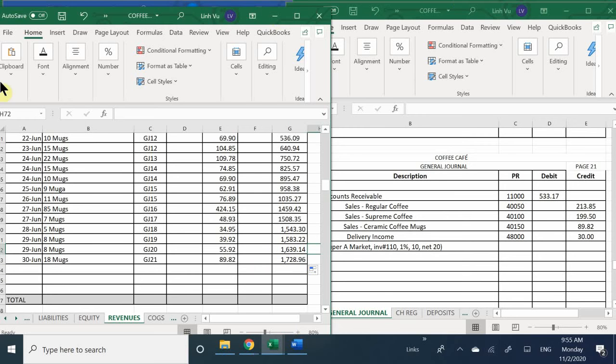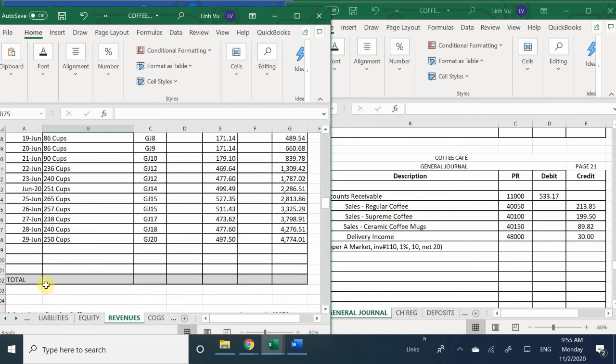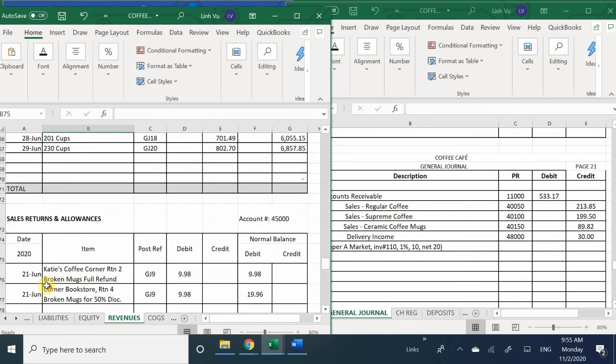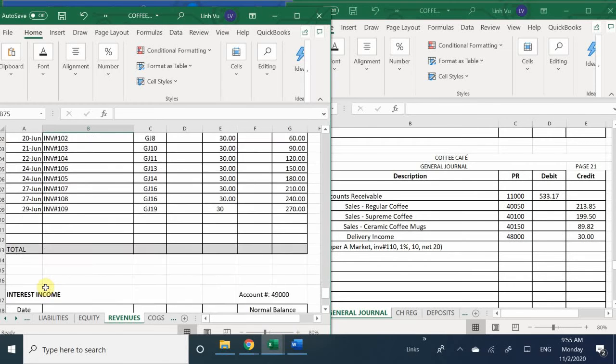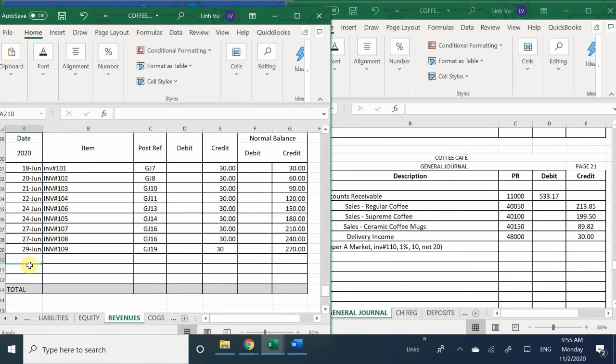All right, go ahead, and then we go to delivery income. The date is June 30th, and invoice 110. We credited for $30.